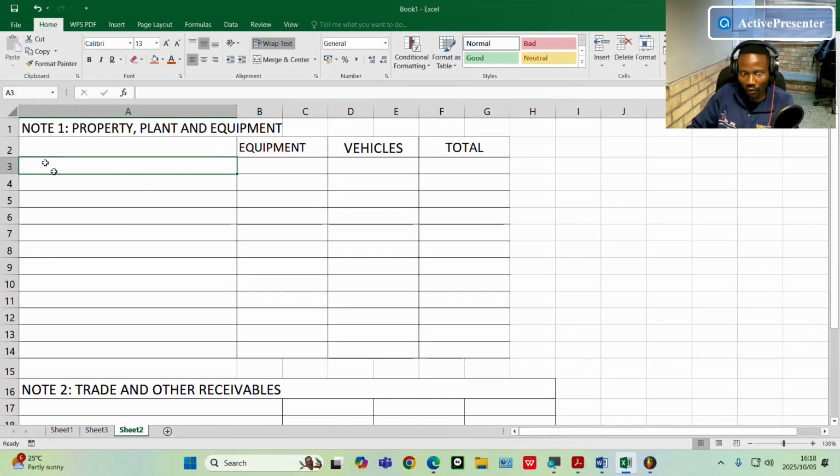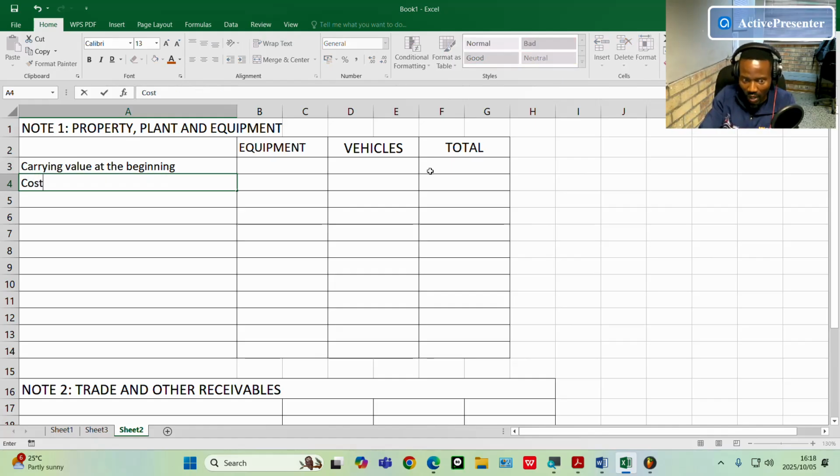Okay. So obviously the first thing that we need to calculate is the carrying value at the beginning, right? Then how do we get that?